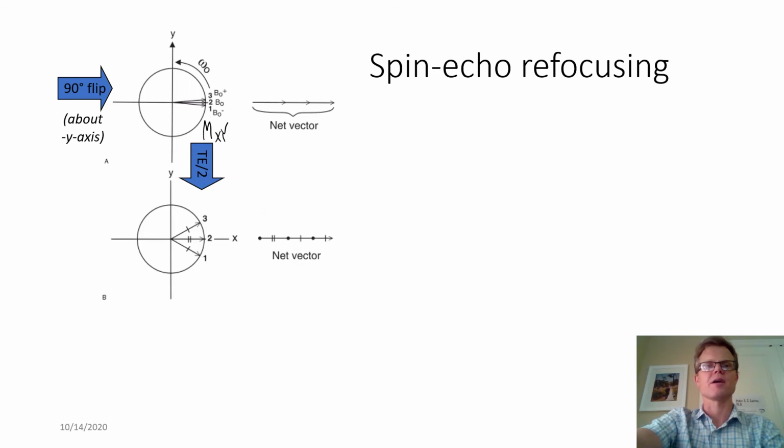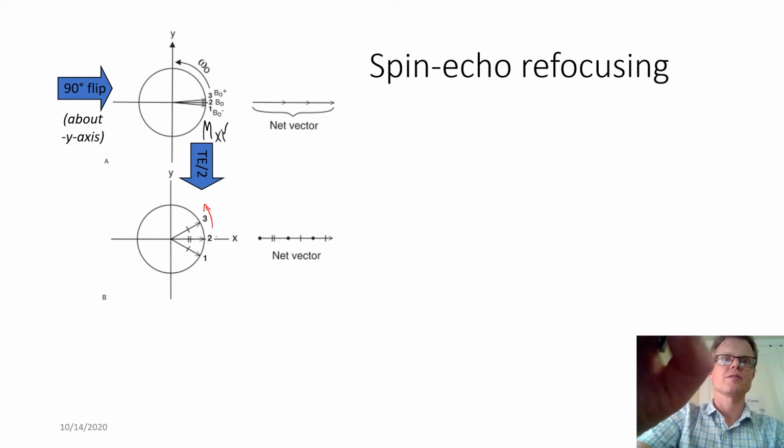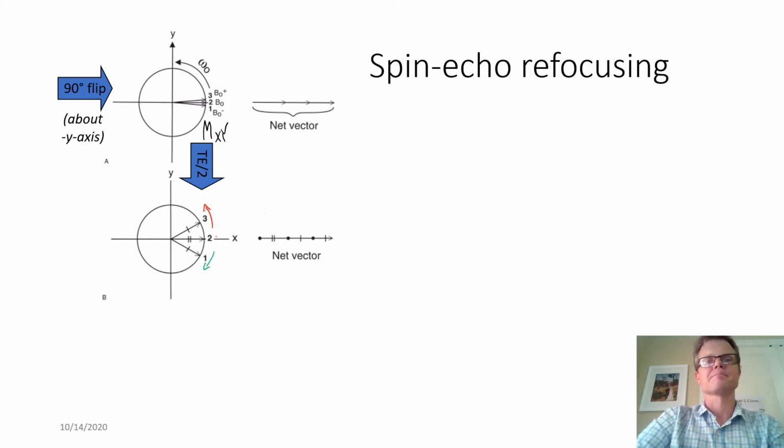Okay, and after some time, TE/2, what you can see is that spin number 3 here is moving in this direction. 1 is moving in this direction, depending on their different resonance frequency.